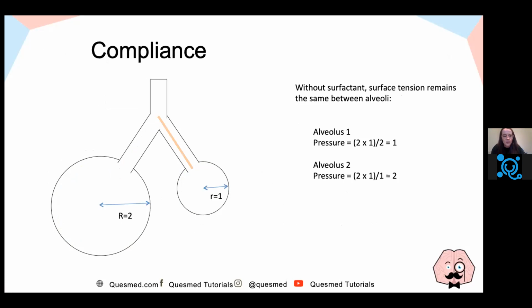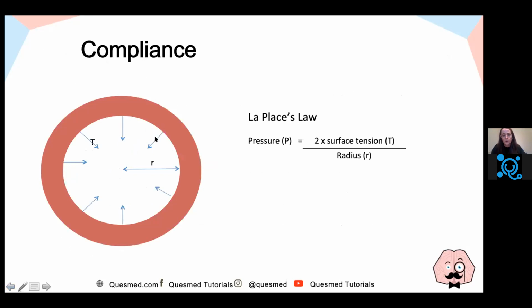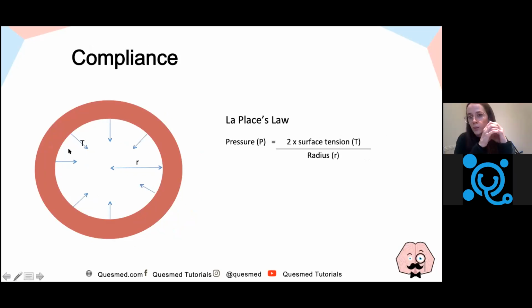And it creates this kind of inward pull. So we always draw these arrows if surface tension is pulling that alveolus or pulling that bubble in. So that's what would kind of antagonize the outward pull of breathing, essentially. Does that make sense?